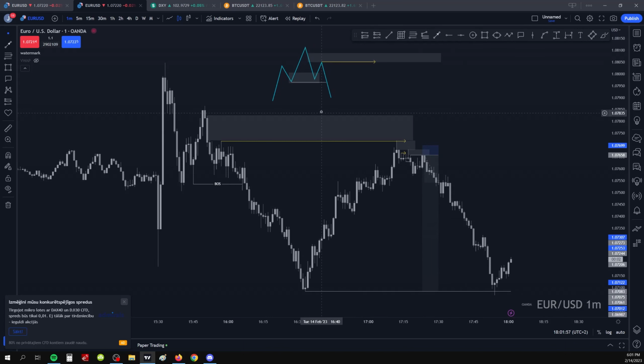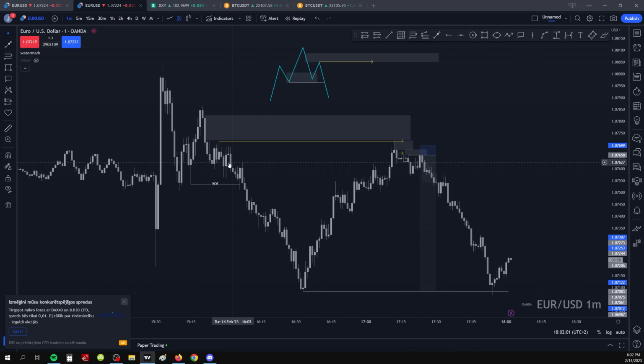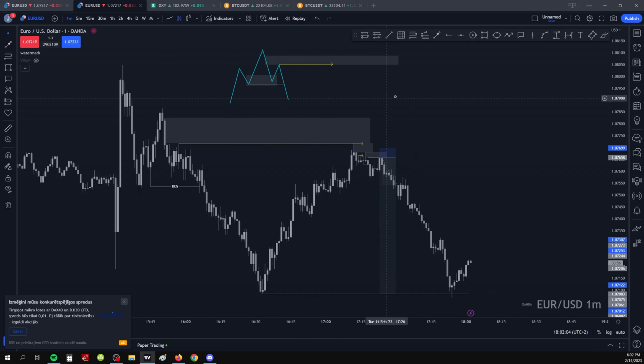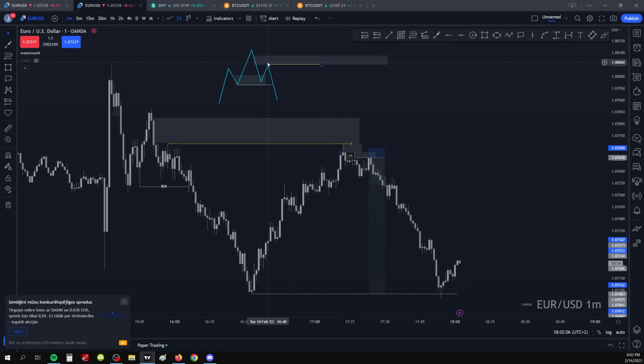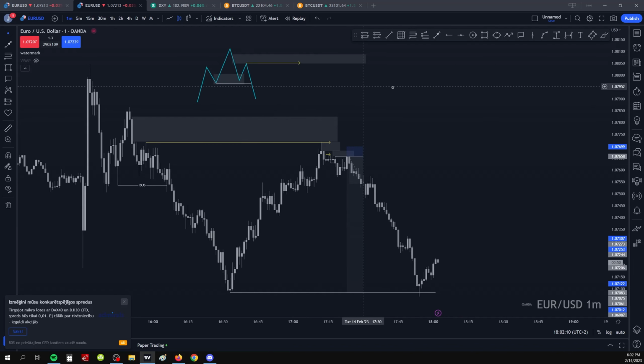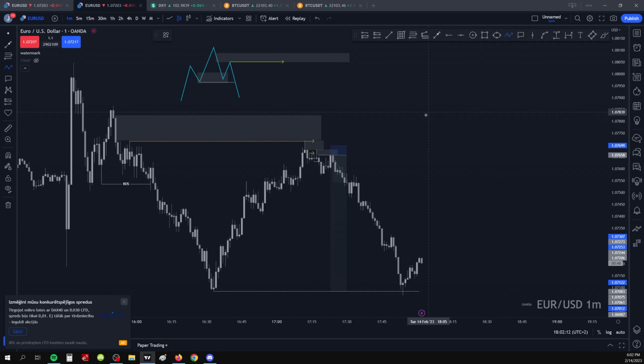So yeah, the flip entry, sometimes it works, but this must have taken out some liquidity as well. The flip entry works only if this is like this, and then it builds the liquidity inside here, and it takes out and then drops.